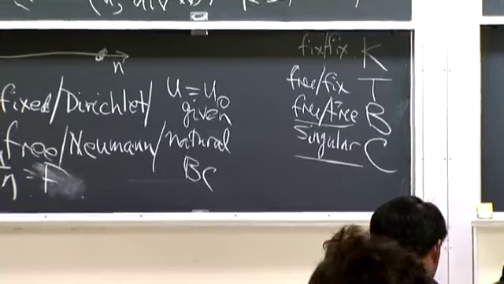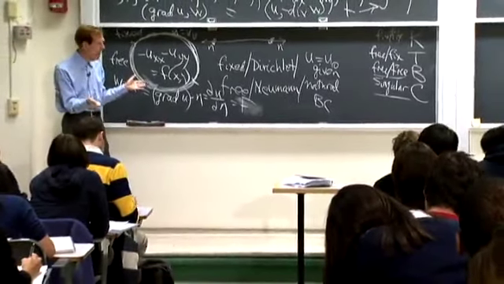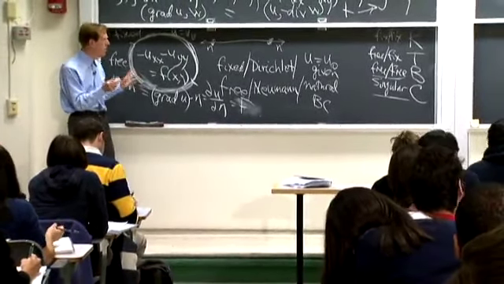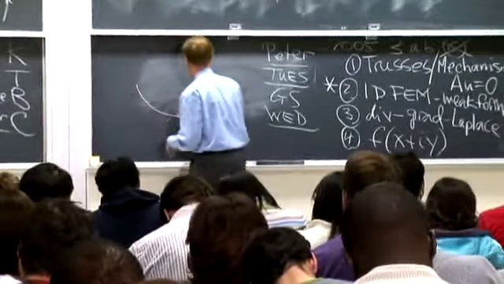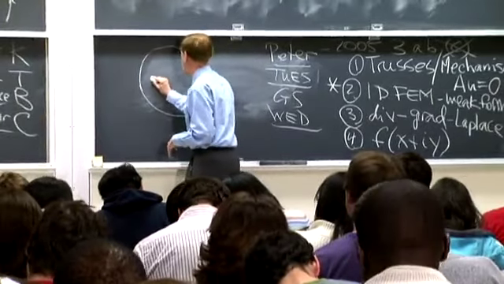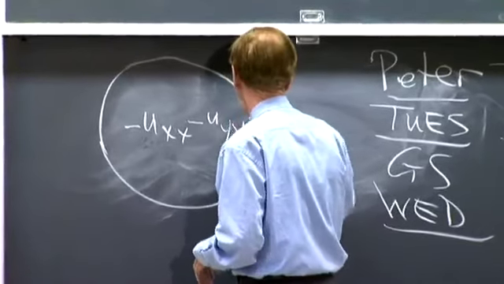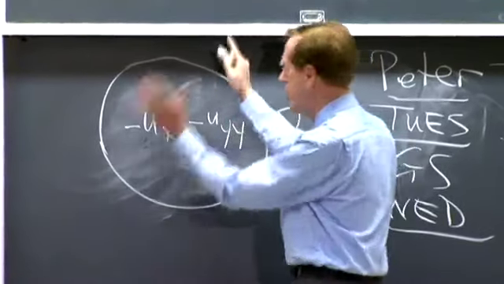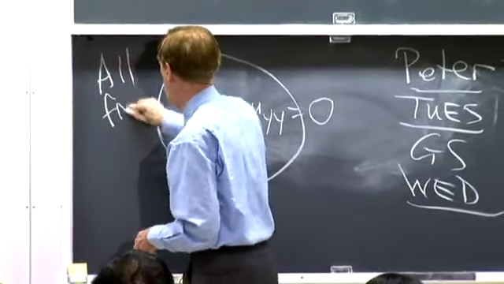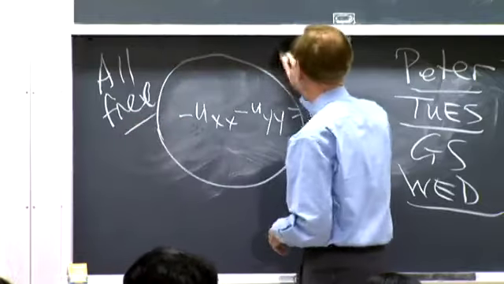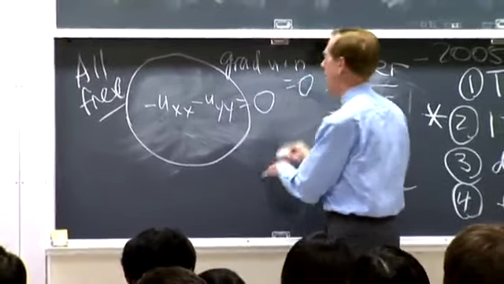If the whole boundary is free, then I've got a singular problem. Suppose I have Laplace's equation equal to zero, and suppose I make the whole boundary free. So grad u dot n is 0 on the whole boundary.